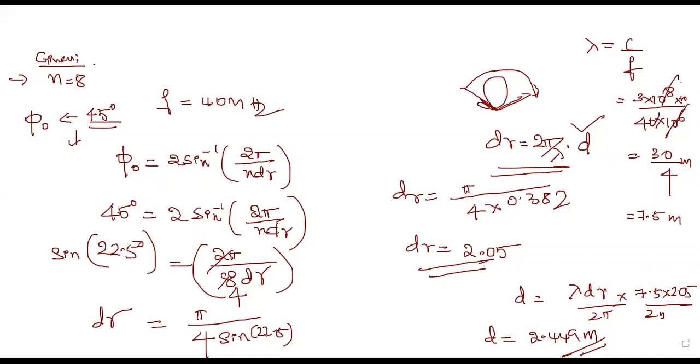Here the screen. Write down one more. You can try this. 4 isotropic sources are spaced lambda by 6 distance apart.